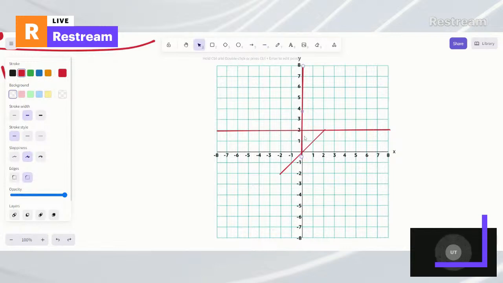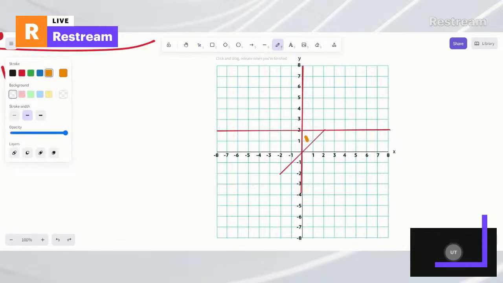Now these three lines have confined a region for me. So what's the region? This is the region.